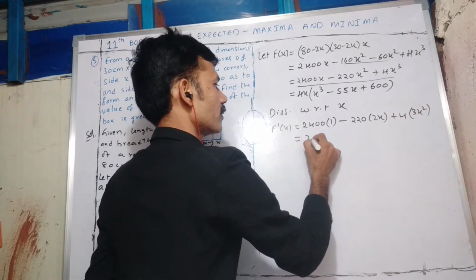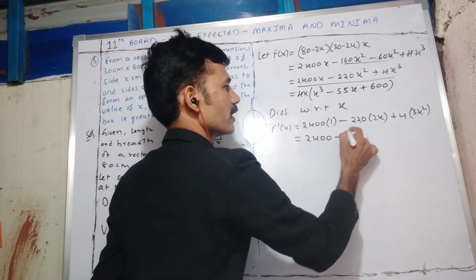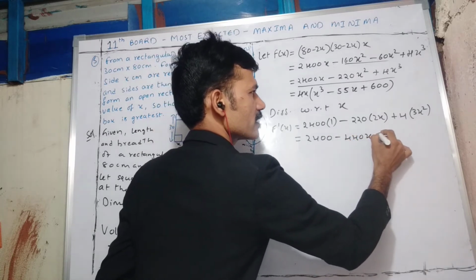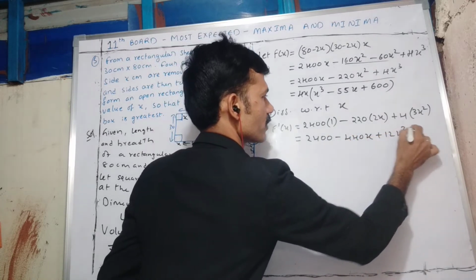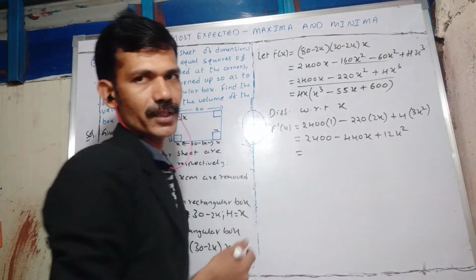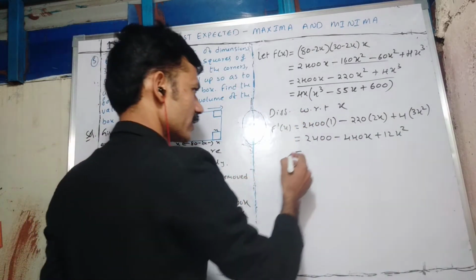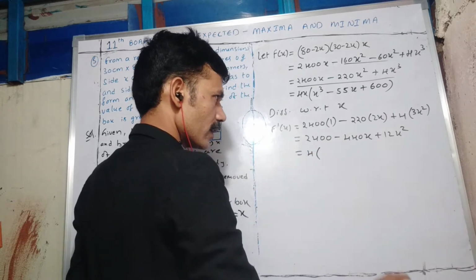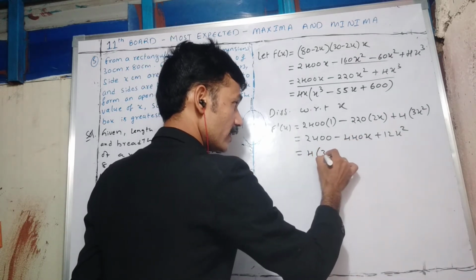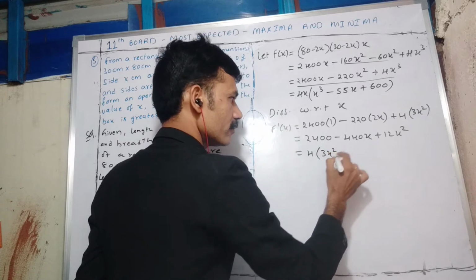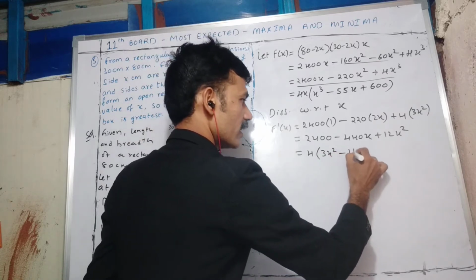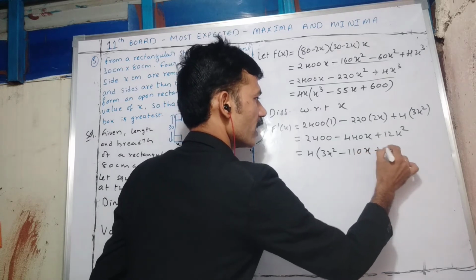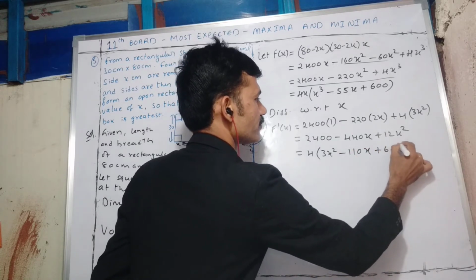Now we get f dash x equals 2400 minus 440x plus 12x square. Same thing, we take 4 common: 4 times (3x square minus 110x plus 600).